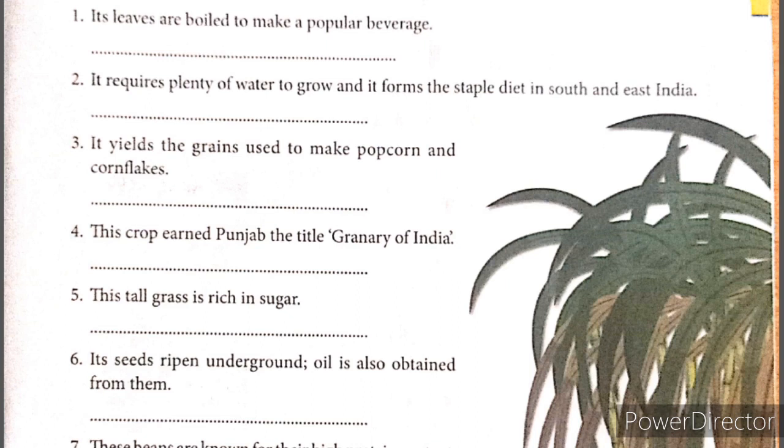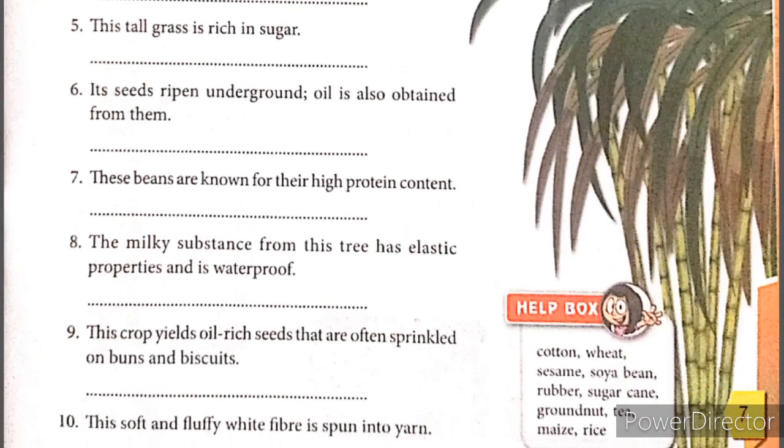Now 7 number. These beans are known for their protein contents. By using that hint, from your question the answer is bean. So one word is there that is called soya bean. See here soya bean is written.